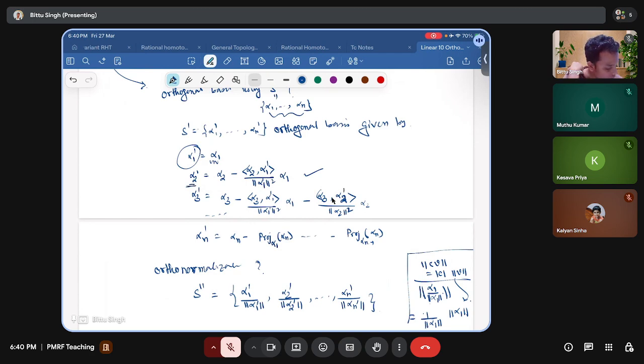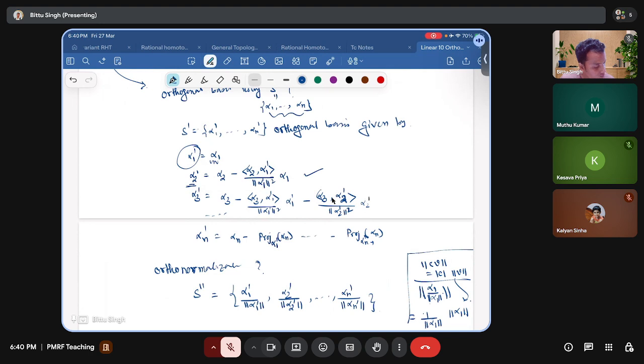So this is alpha 2 dash, and similarly you need to use projection of alpha n along alpha 1 dash up to alpha n minus 1 dash. Otherwise there will be some issue. To avoid those issues you need to modify this.